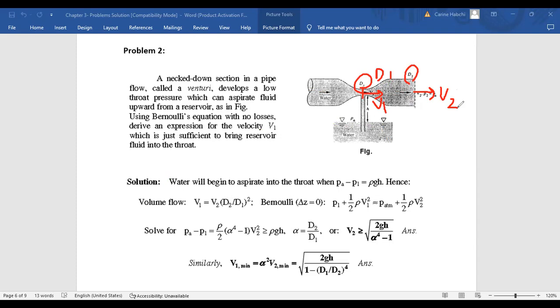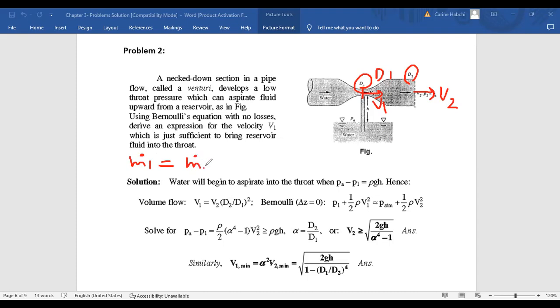What can we apply? Before Bernoulli, what did we learn? Continuity equation. What is the continuity equation? Here, conservation of mass. How can we write this? We have a flow, and we can write that m dot at section 1 equals m dot at section 2.